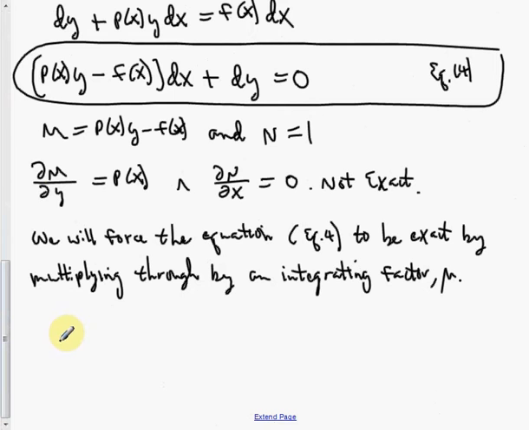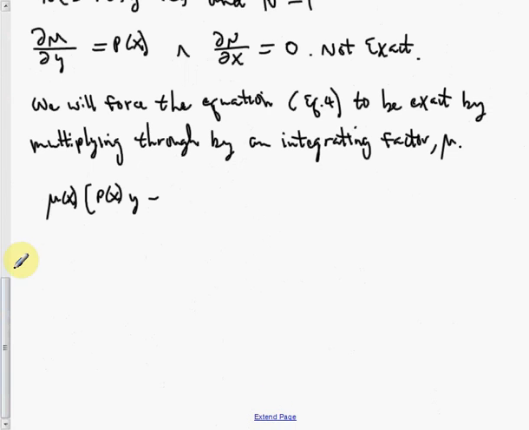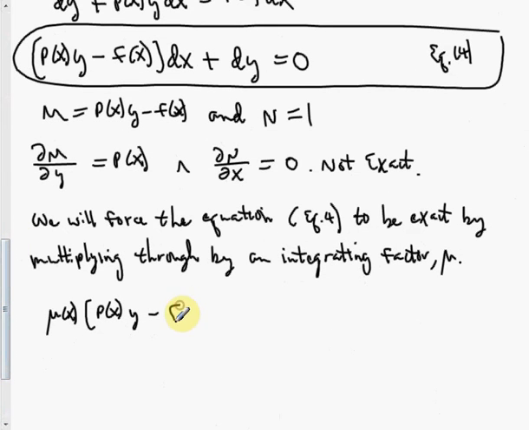So what I have is I have this mu of x times p of x y minus f of x dx plus mu of x dy is equal to 0.